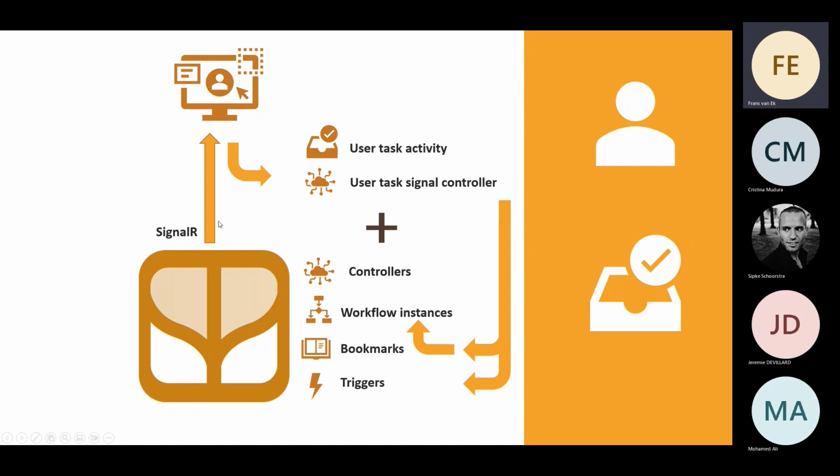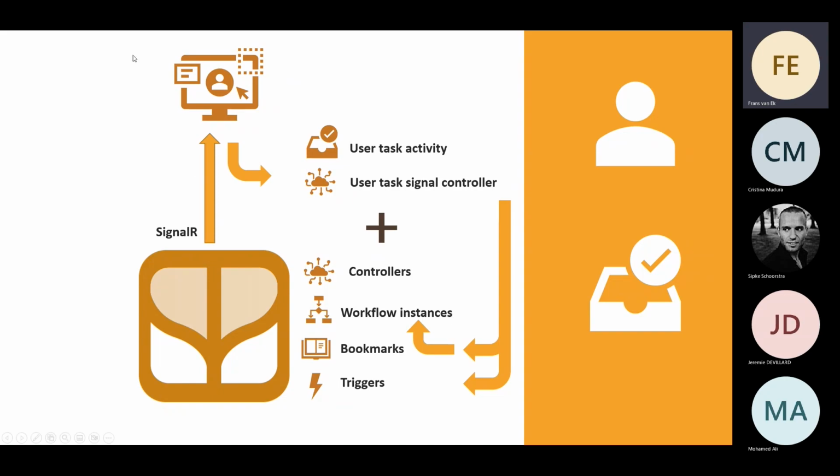To do that, you leverage the SignalR implementation that is already implemented in the Elsa engine, which basically can send signals back, and you can subscribe to these signals or events to indicate that something happened on a workflow instance.